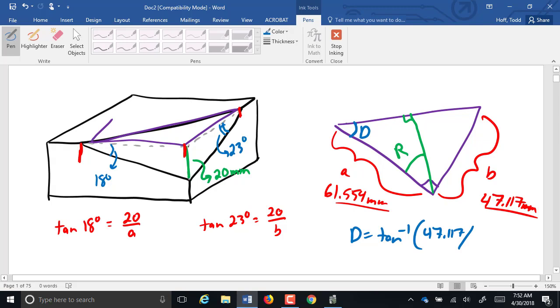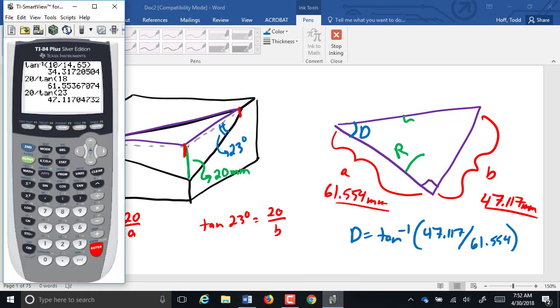The adjacent side? 61.554. If it helps, you can pretend that line isn't there yet, that green line in the middle. So we would get 37.43 degrees, we'll call it.